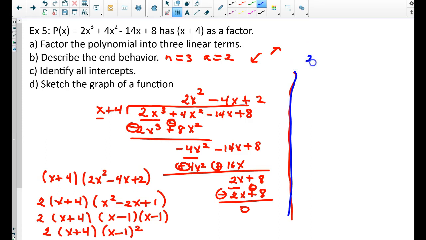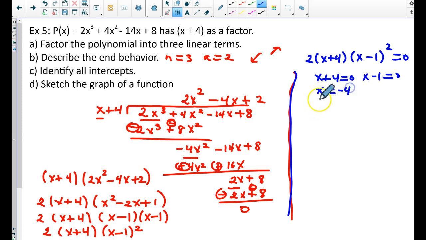To get my x-intercepts, I'm going to take that factored polynomial and set it equal to 0, and I can solve these linear equations. So this gives x equals negative 4, that's the first intercept, and since the exponent of this factor is 1, or its multiplicity is 1, the graph is going to pass through.